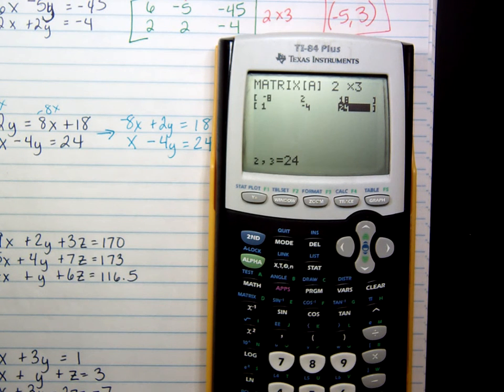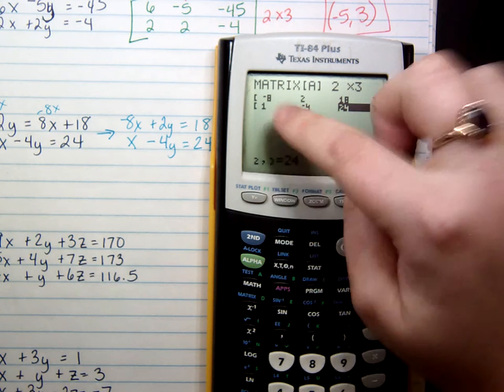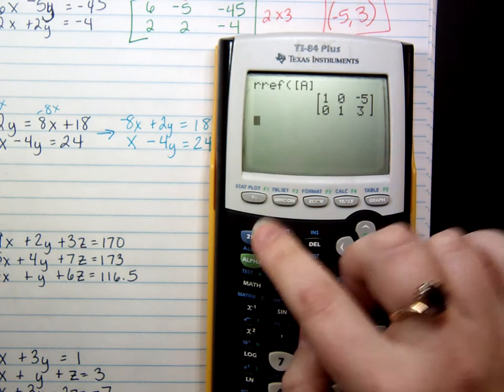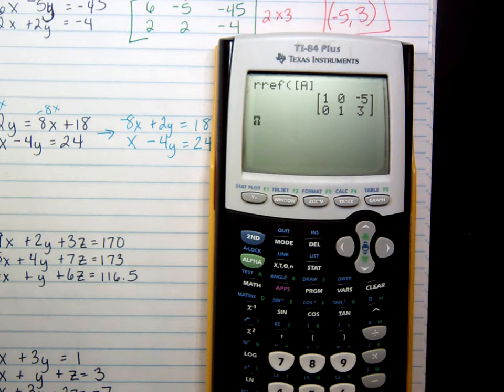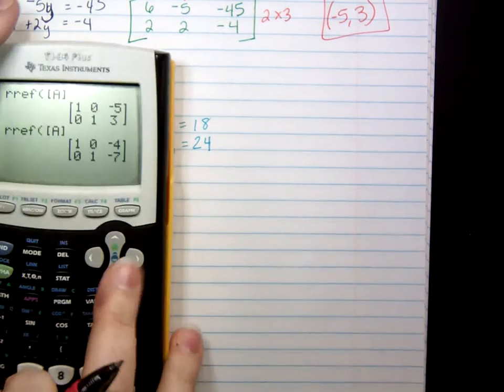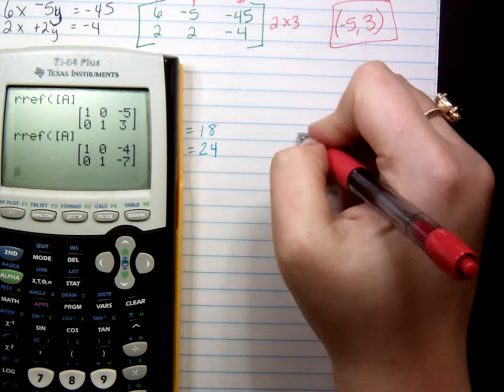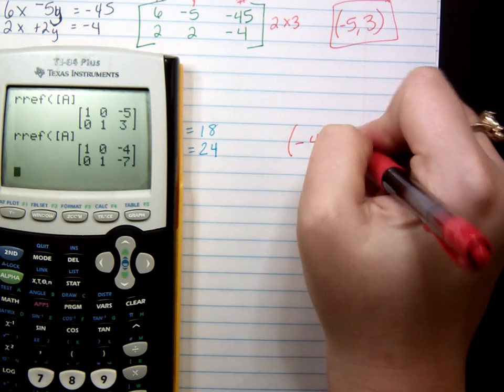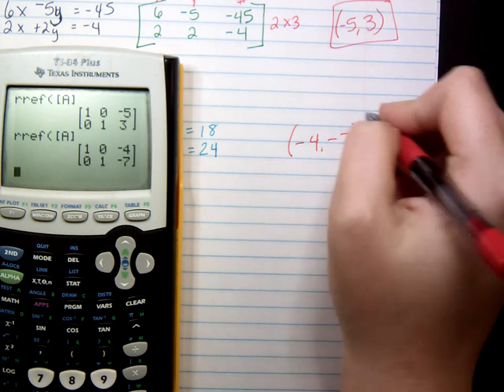Always make sure that you didn't make any typos, because a typo is going to mess the whole thing up. So exit out, and then since I've already done this, I can just do second enter without having to go back into the matrix program. And we can see my answer for this system. I'll move it over here so it's still visible. The solution to this system is negative 4, negative 7.